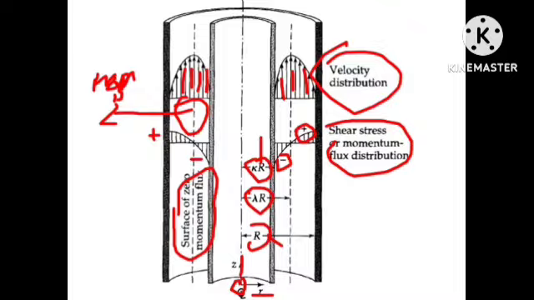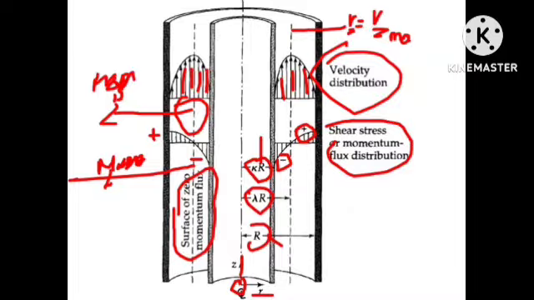As we all know, this is the momentum flux. You already remember that this is the momentum flux, don't be confused. And this is Vz equal to Vz max, and this is Vz equal to Vz max.